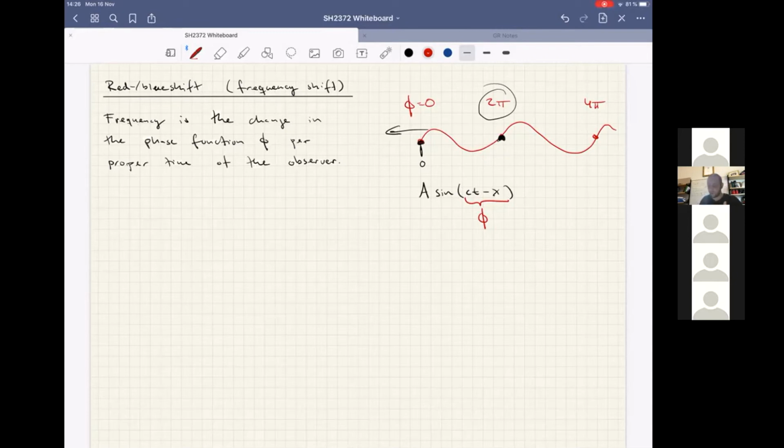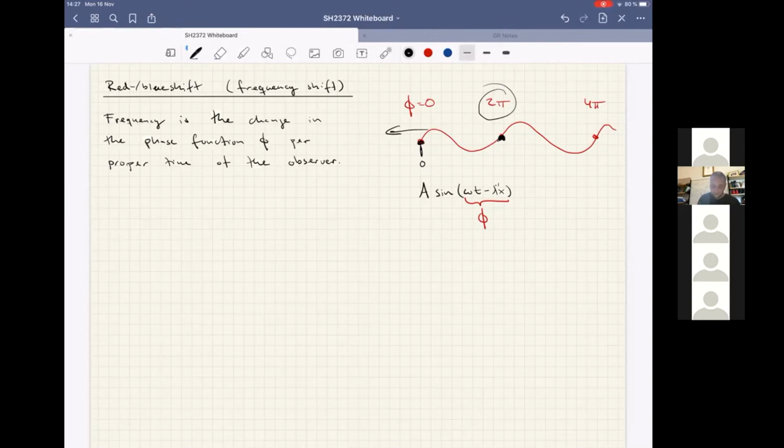So this is a function of x and t, so it is a function on space-time. And the question of what is the frequency of this wave is a question of how much the phase function changes per proper time. This is not really dimensionally consistent. Let's put it like this: we have omega t minus lambda inverse x. That's the phase function, which should be dimensionless.